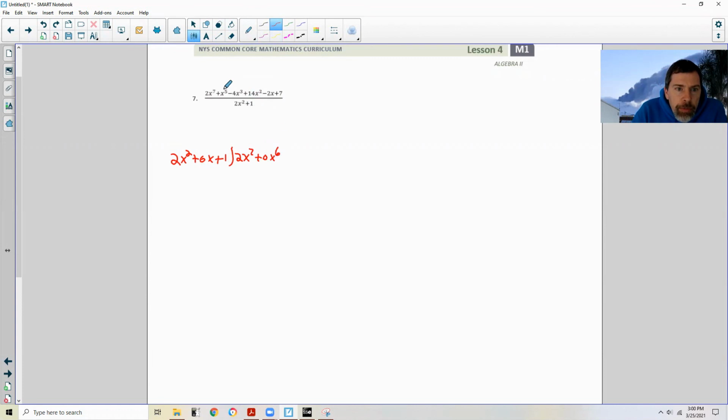Don't forget your space in between. Plus x to the 5th. There is no 4th power, so plus 0x to the 4th minus 4x cubed plus 14x squared minus 2x plus 7. How ridiculous is this one? All righty, here it is.